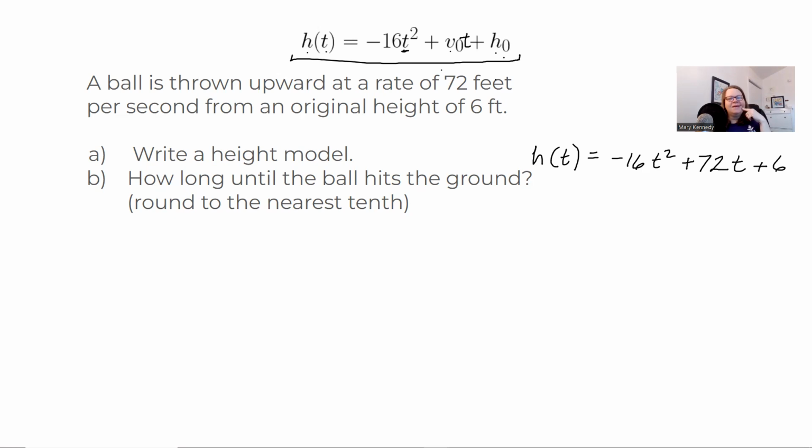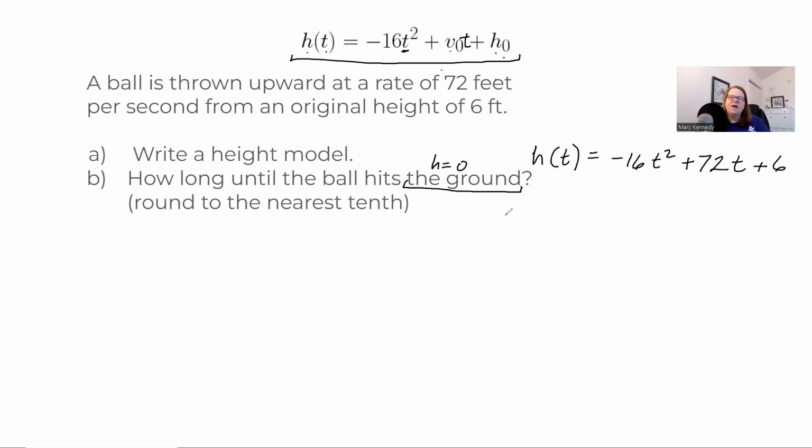And think about what number would represent the ground. It's kind of an interesting question, right? If something is on the ground, the height of that is 0. That makes sense, right? So when the ball hits the ground, that means that the height is 0.